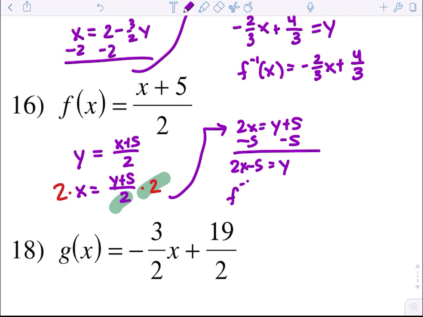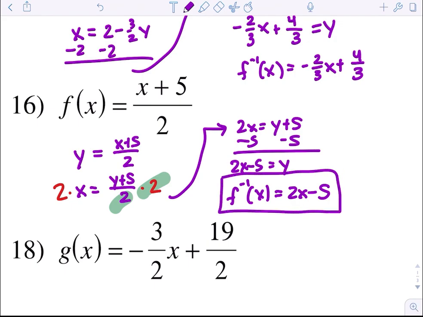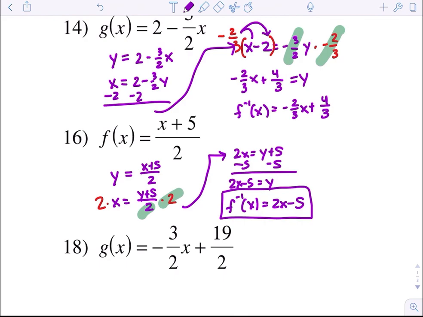Change the y to f inverse of x is equal to 2x minus 5. Okay, 18.